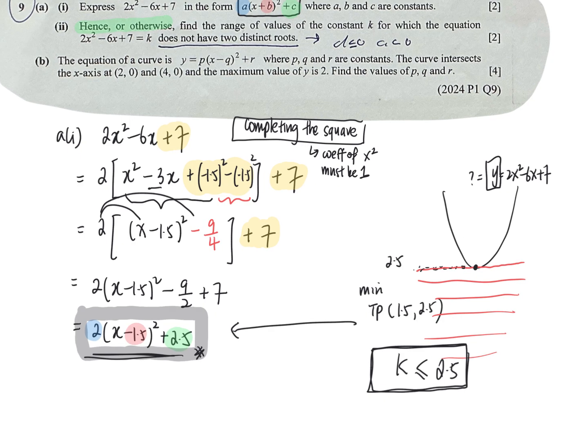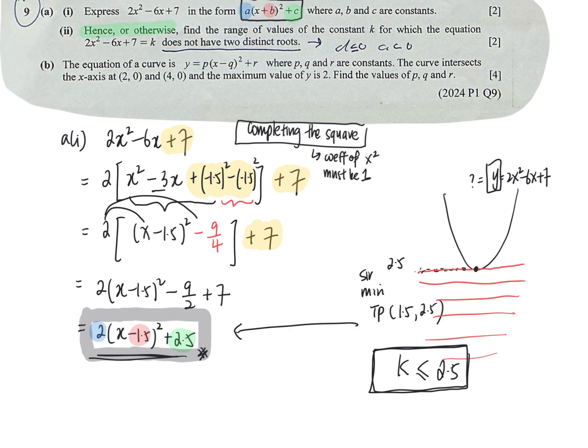So you can mention that since this is a minimum curve with this turning point, the lowest point is this one.